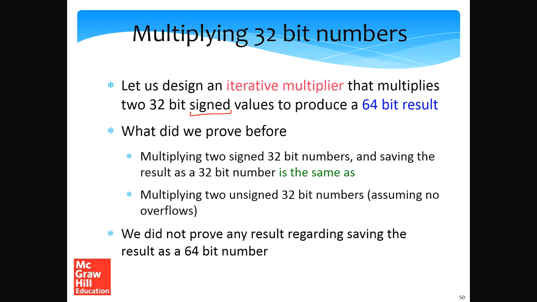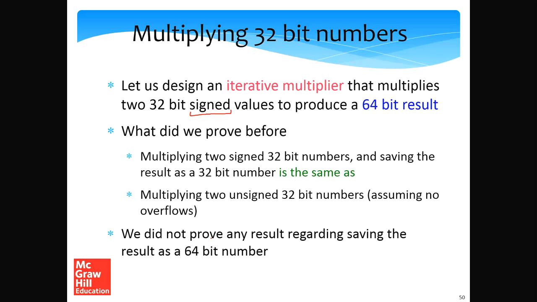So what did we prove before? Well, we proved before that multiplying two signed 32-bit numbers and saving the result as a 32-bit number is the same as multiplying two unsigned 32-bit numbers, assuming no overflows, right?